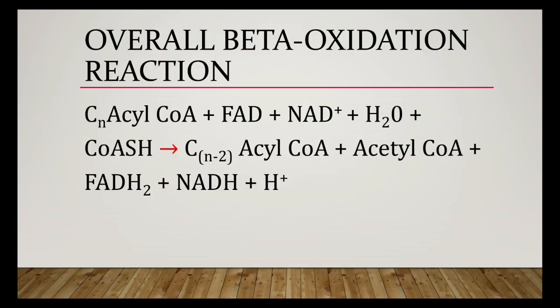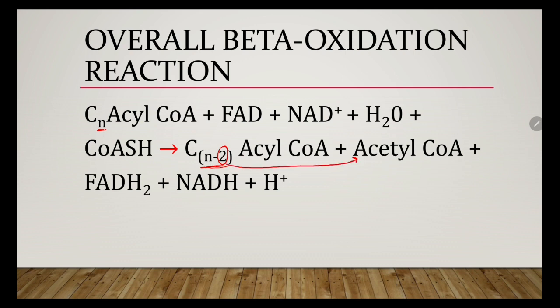Next step, we can see the overall beta oxidation reaction. So if you see n number of carbon acyl-CoA plus FAD plus NAD plus H2O plus CoASH will give carbon chain n-2 acyl-CoA. Why n-2?